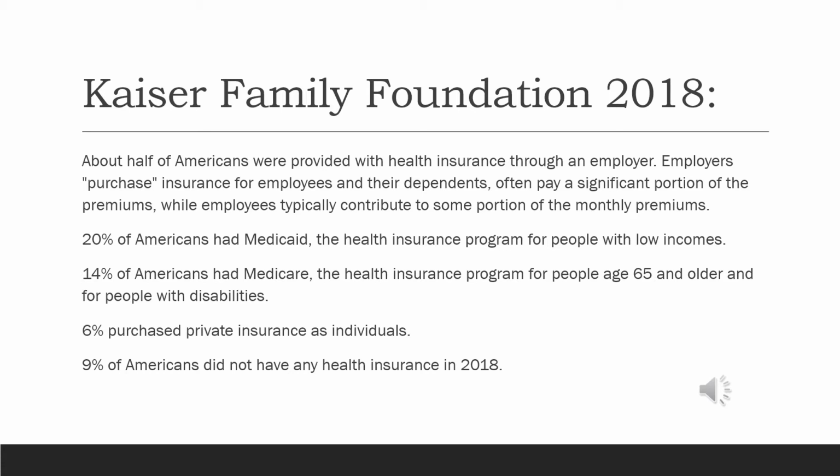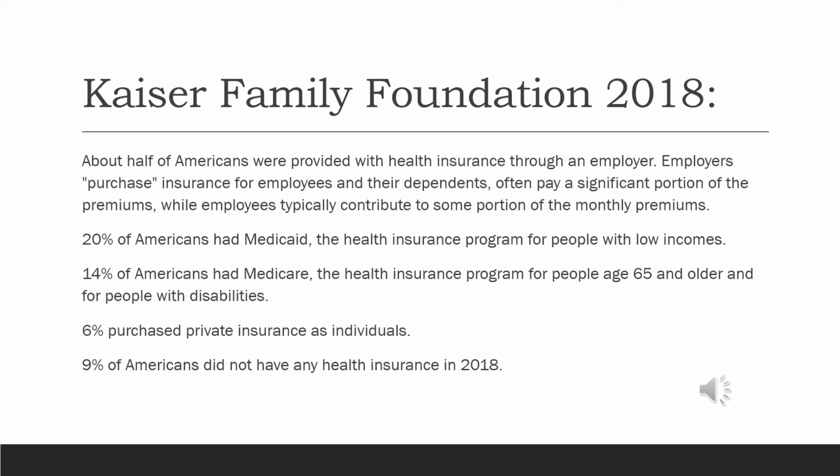20% of Americans had Medicaid in 2018, and Medicaid is a government health insurance program for people with low incomes. 14% of Americans had Medicare, which is a different health insurance program from the government that's designed for people that are aged 65 and older, or for people with specific disabilities.